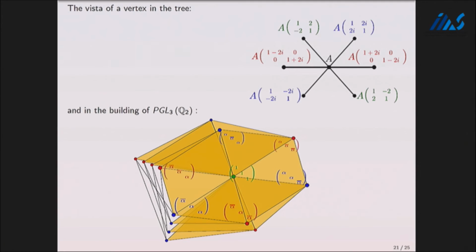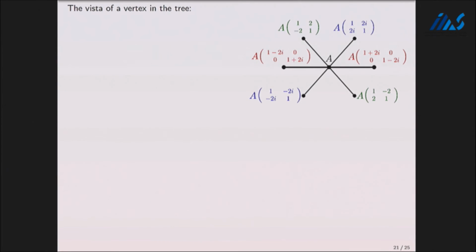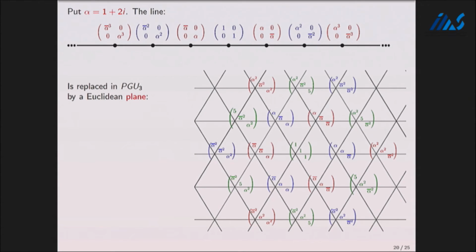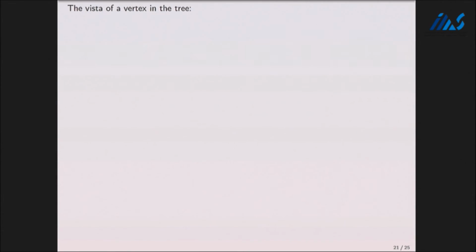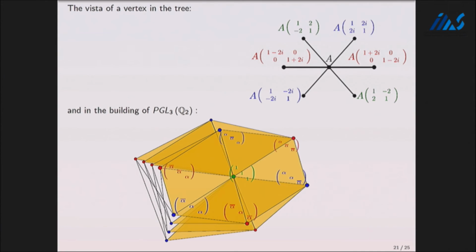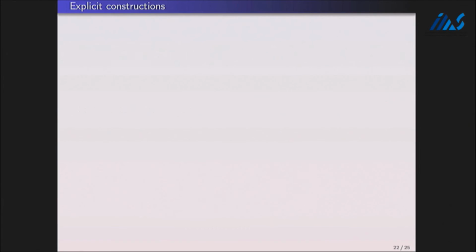This triangle branches to 2 more here, and then each one to 2 more here, 2 more here, and you get some combinatorial arrangement, which is in this case the Fano plane, because this is what happens over Q2. So whenever I think of a building, I can only think about either this, which is called an apartment, or what a vertex sees. And I hope one day to understand more.